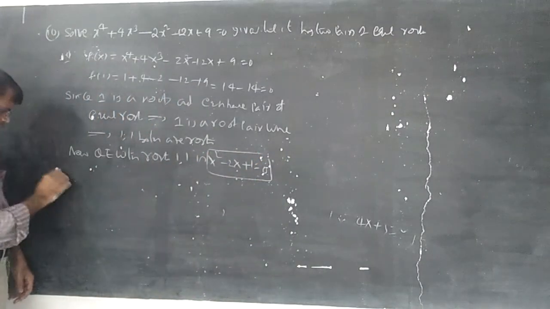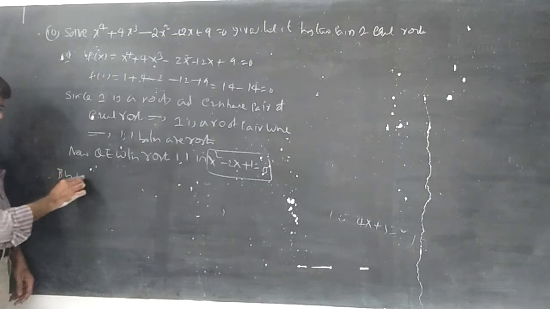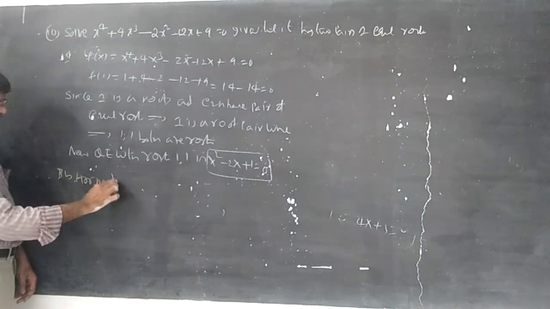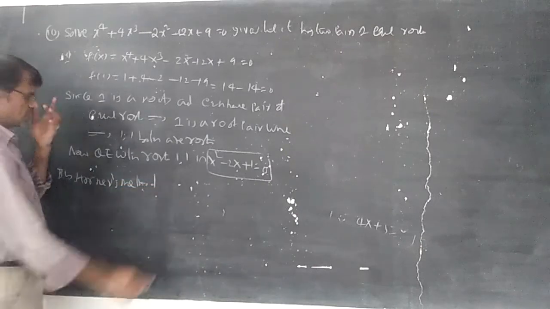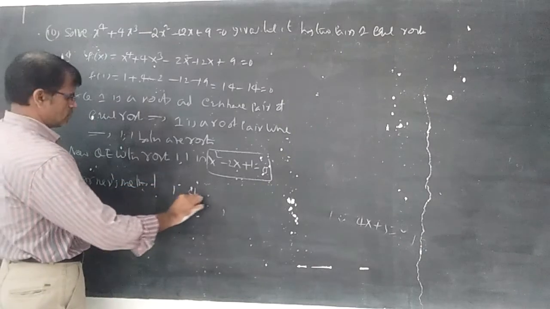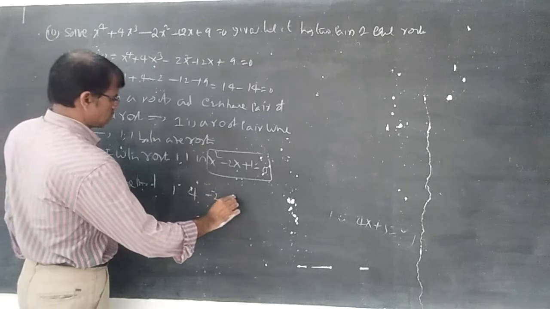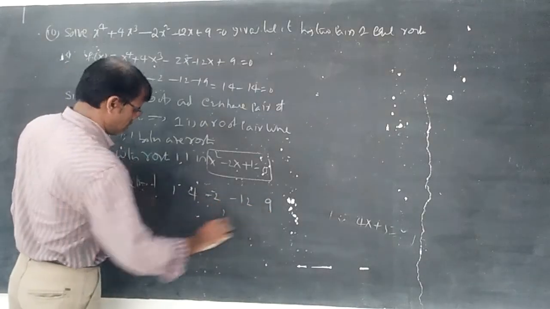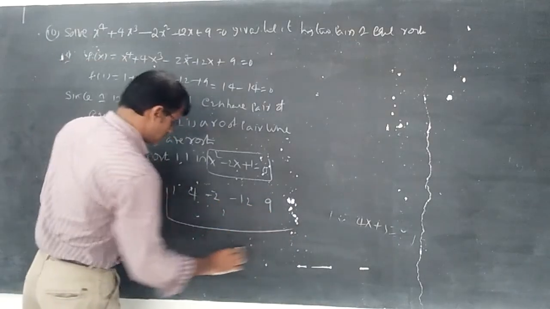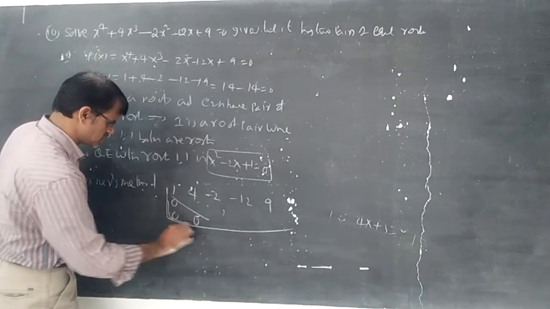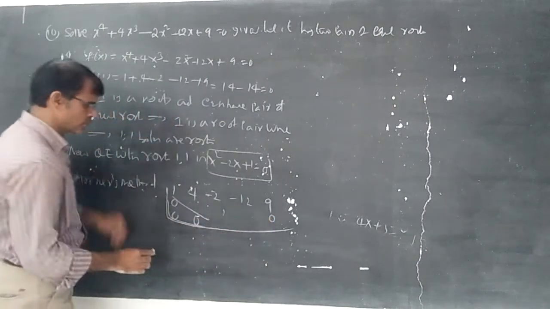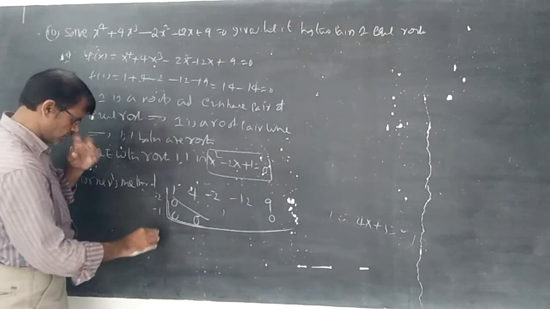Using this equation, now by Horner's method, we can understand here this is 1, 4, minus 2, minus 12 and 9. Put here 0, 0, 0, triangle 0 concept, and here it is 0. Put here this is 2 and this is minus 1.